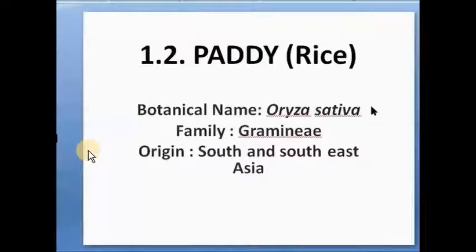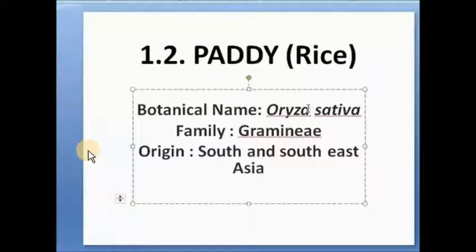Here in the case of paddy, there are different varieties, and these varieties belong to different species. First of all, this is Oryza sativa L. Then there are Oryza sativa var indica, Oryza sativa var japonica, and others.